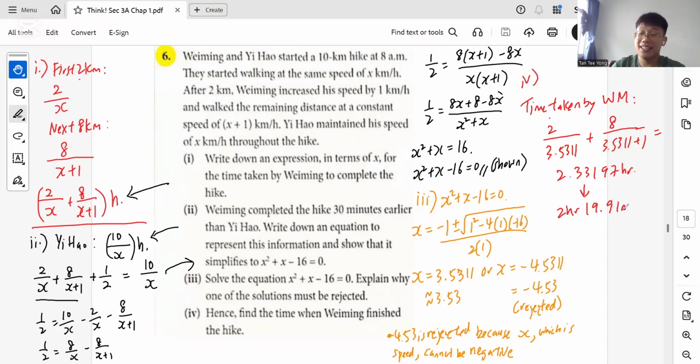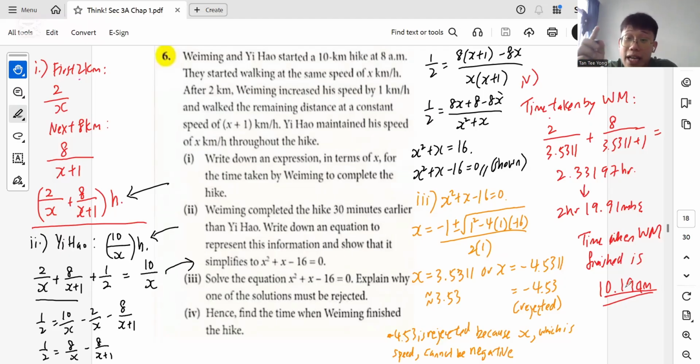So that means the time when Wei Ming finishes, right? They start at 8, so 2 hours later is 10 a.m. So that means it's going to be 10:19 a.m. All right, so that's the time when Wei Ming will finish. So this is it for question 6.